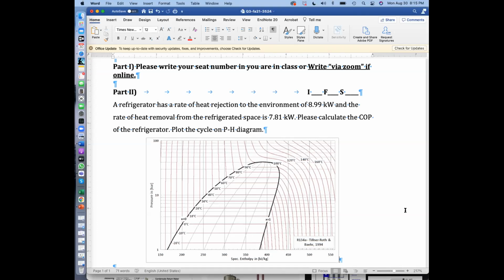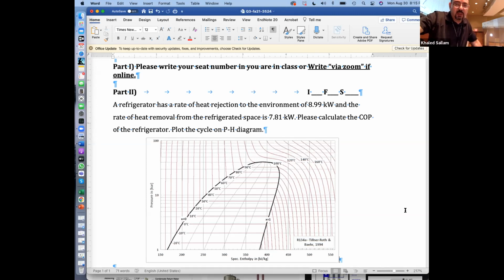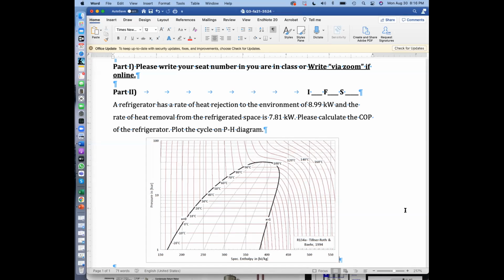You did say that Q low was 7.81, right? Yes, the heat removed from the refrigerated space, that is Q low. Right, so heat rejection to the environment, that's QH, and heat removal from the refrigerated space is by definition Q low. And why is QH bigger than Q low? Probably because we're trying to remove heat from.